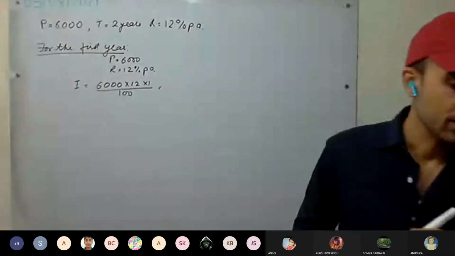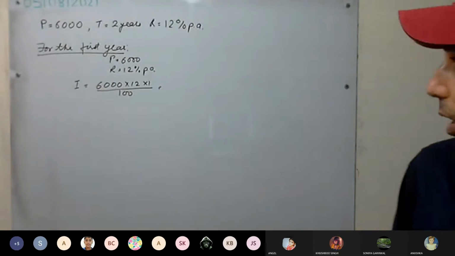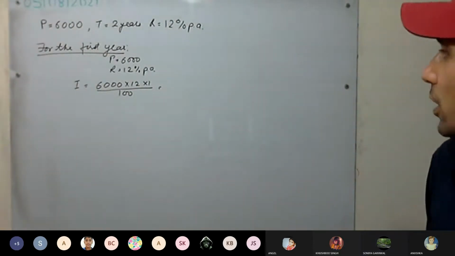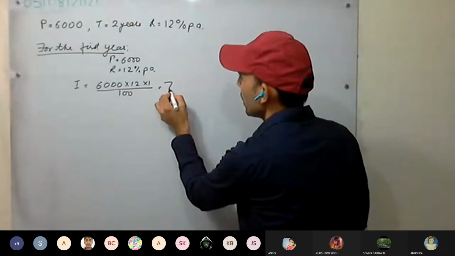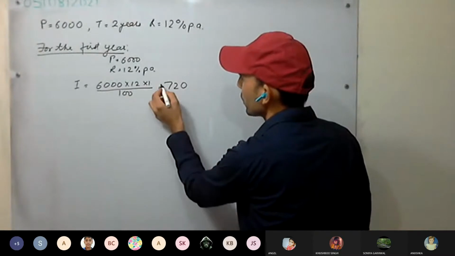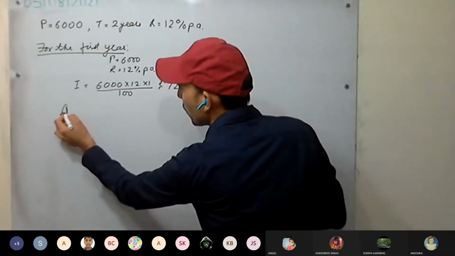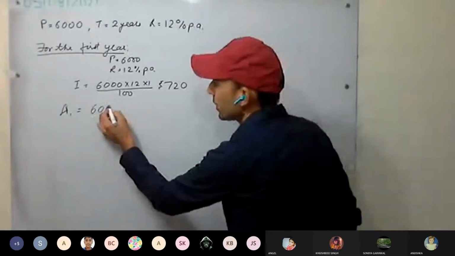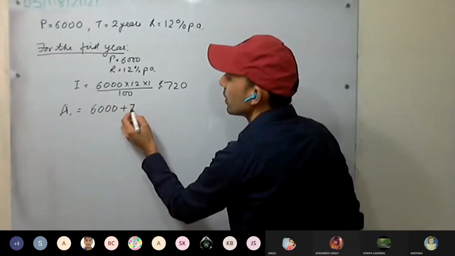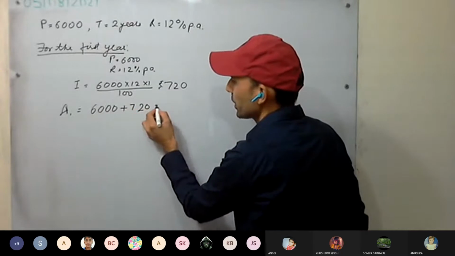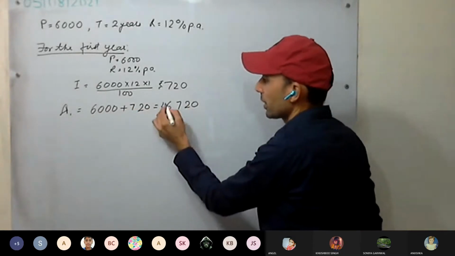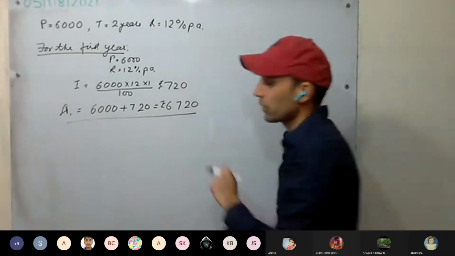Calculate and tell me. 720 rupees, it is coming. 12 times 6 is 72, two zeros already cancelled. How much is the amount after 1 year? 6,000 plus 720 rupees, that is 6,720. This is the amount after the first year.